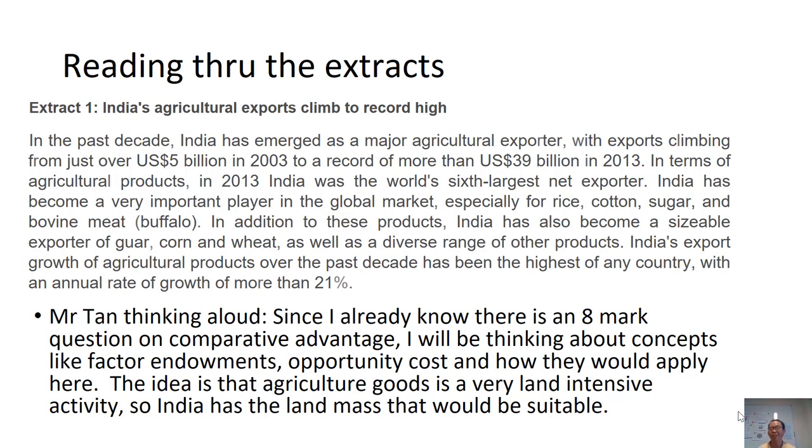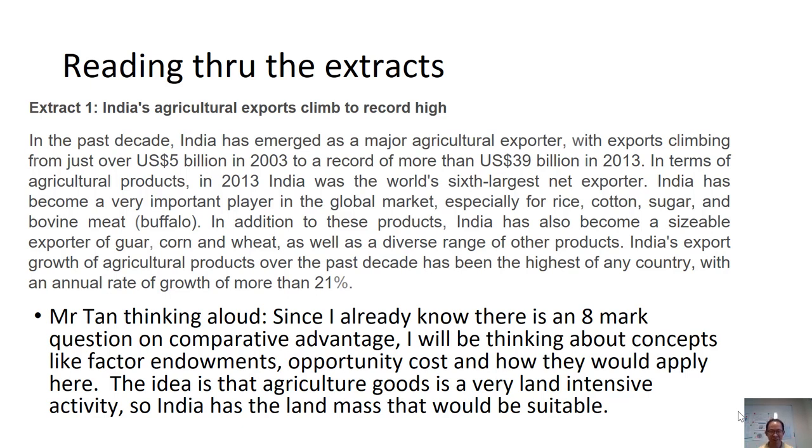Agriculture is a very land intensive kind of good. In order to have a lower opportunity cost in agriculture, you definitely need a lot of land, because agriculture requires land to grow. And ideally, you should also have a huge population size so that there can be a lot of farm workers.